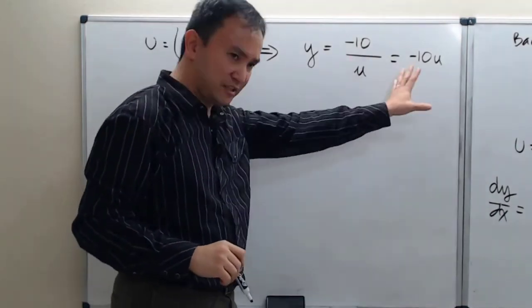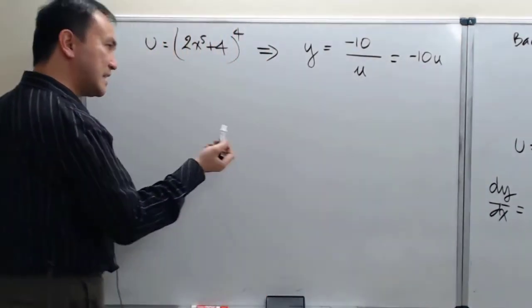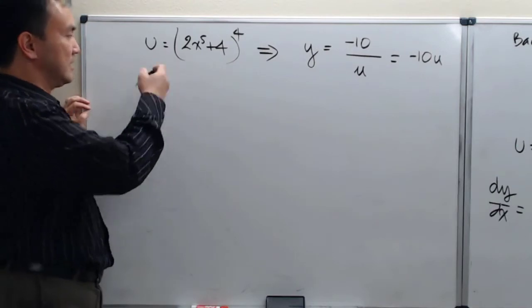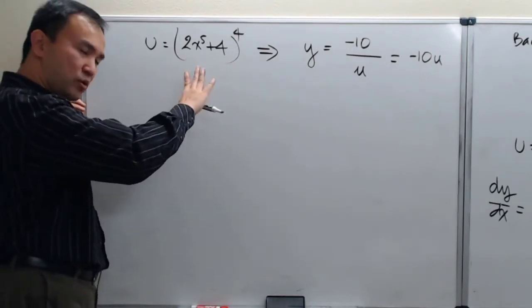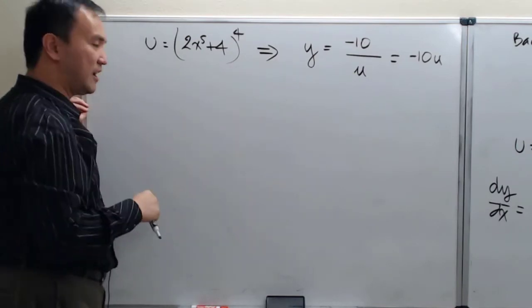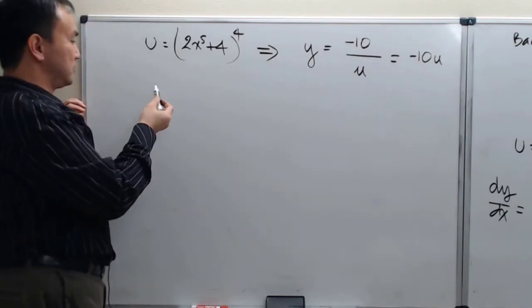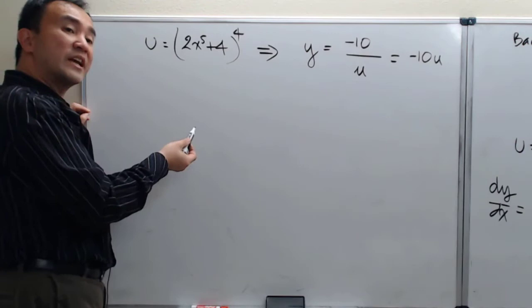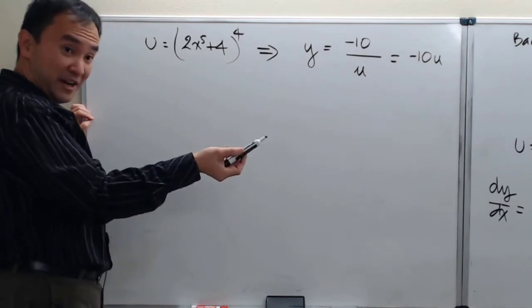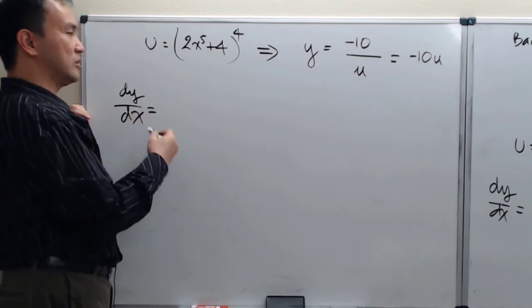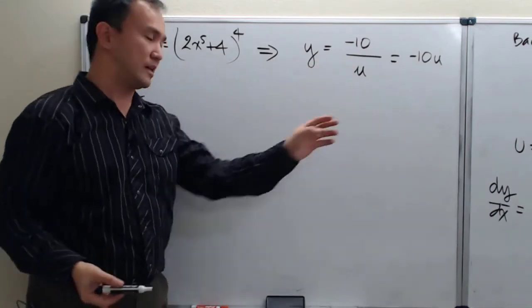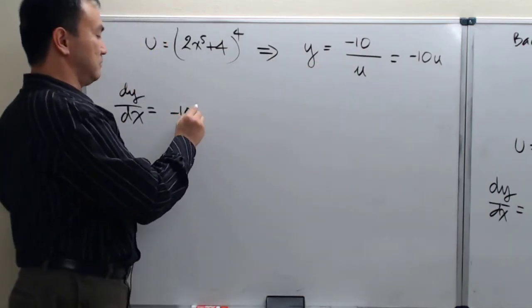Okay, so the outside function looks simple enough, but now let's get to the derivative steps here. Inside, no judgment, no right or wrong, anything can work as long as you can find an outside function out of that. But now, is this a working well one? That's what we want to find out next. Okay, dy dx, the chain rule says find the derivative of the outside, which is negative 10, simple enough.